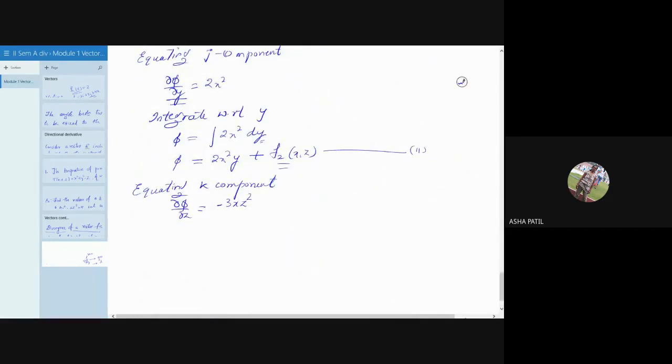Now we'll integrate with respect to z to get φ. Here it is ∂φ/∂z, so we'll integrate with respect to z. φ equals the integration of minus 3xz² with respect to z, with minus 3x as constant. The integration of z² is z³ by 3, plus, can you tell what will you add here?